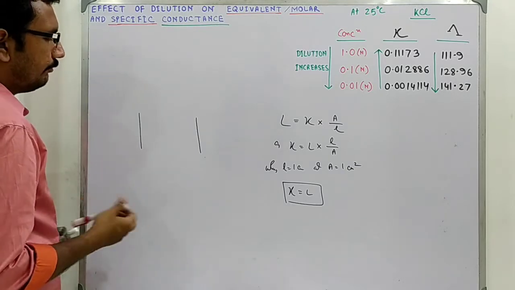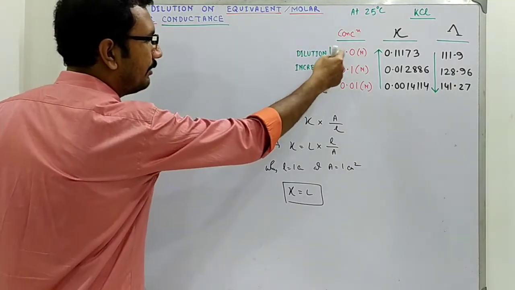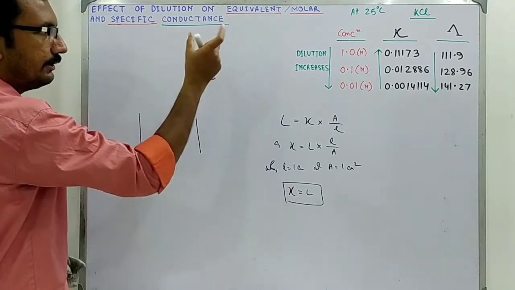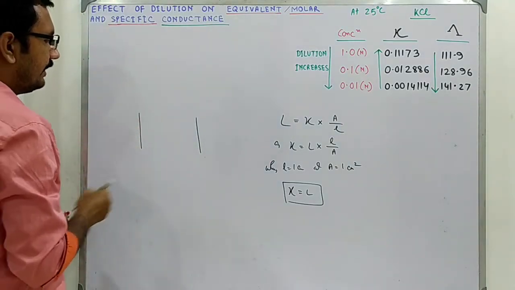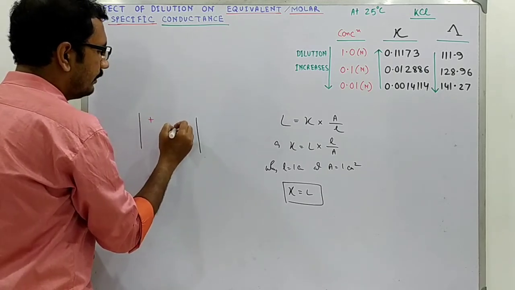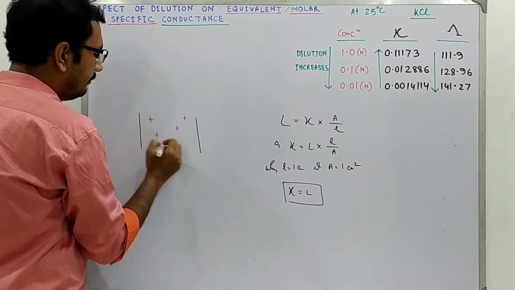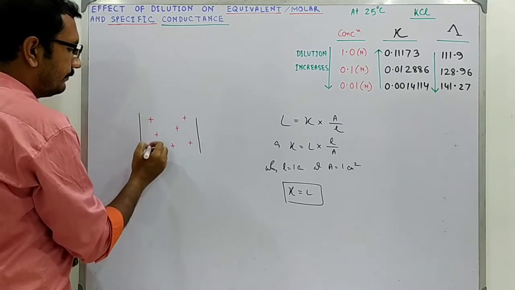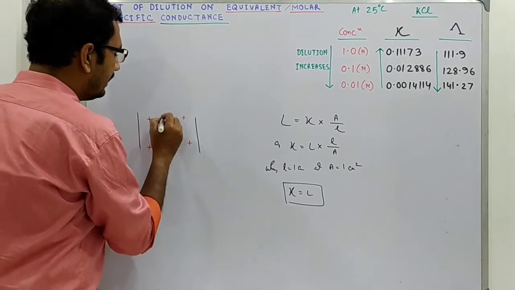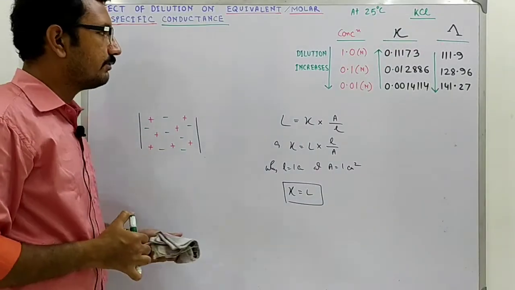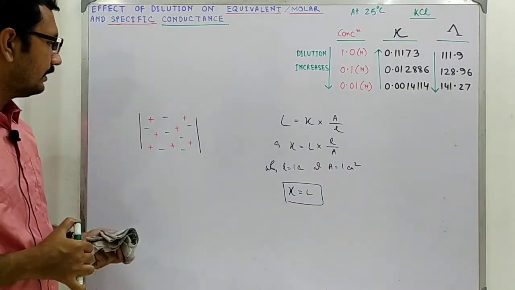Now, when we place the 1.0 normal KCl solution, we have K plus ions everywhere, and also the counter Cl minus anions. It must be electrically neutral, that is the reality.